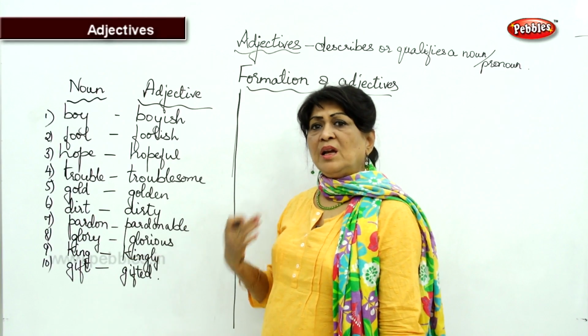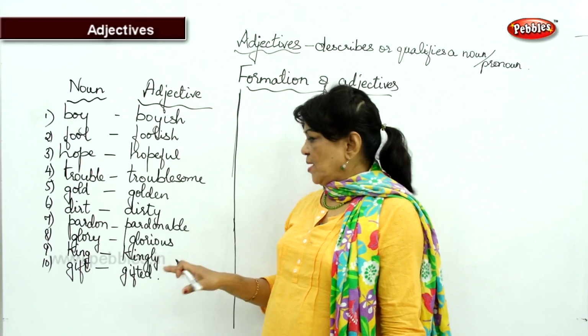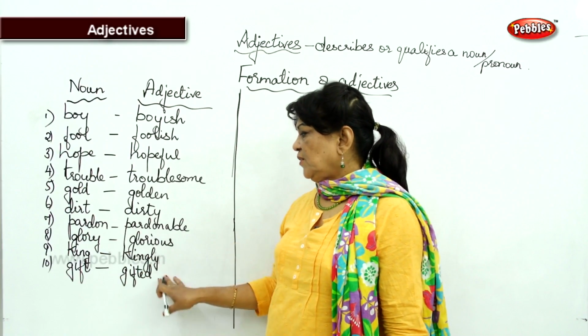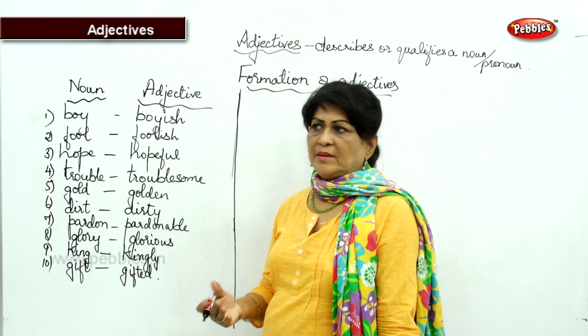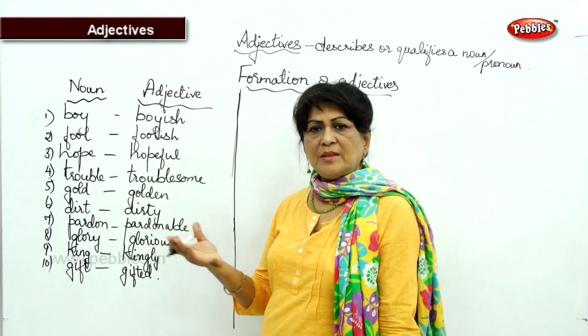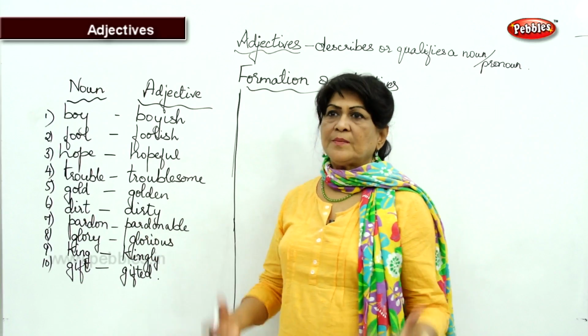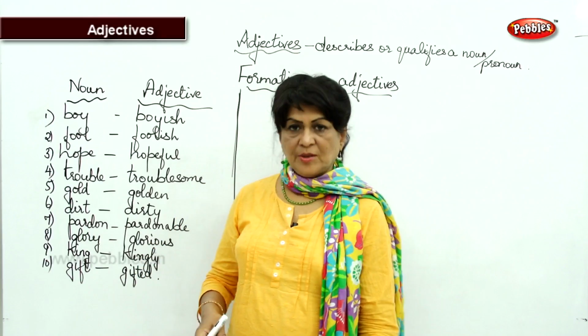He wore a kingly robe. Robe means a dress. So it describes the dress. Kingly. Gifted. She is a gifted person. That describes that person or that lady, gifted person. Gifted means who is very talented, who has been blessed by God.